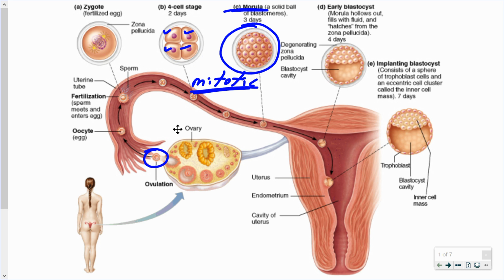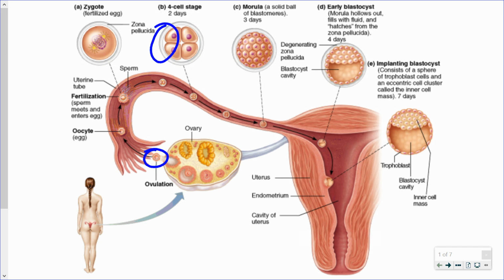We can also have identical twins that form. So if we go back up to, say, this 4-cell stage, sometimes what happens is, well, these cells should stick together, but sometimes they don't. So perhaps we could have something like this, where these two become separated from these two, they pull apart, and then they begin to divide independently of each other.